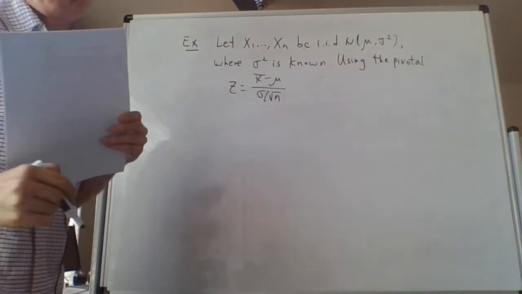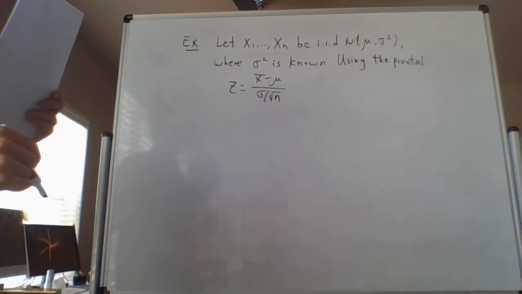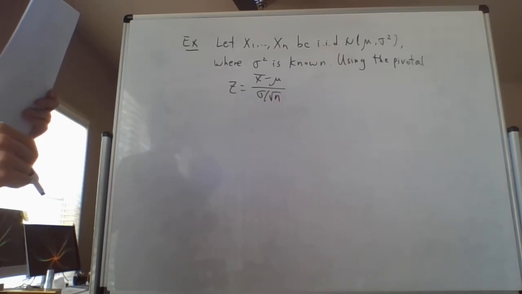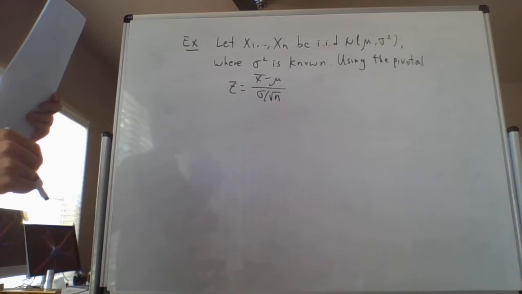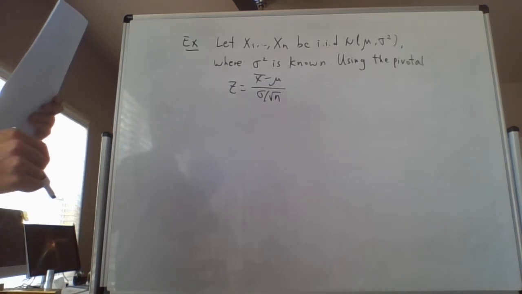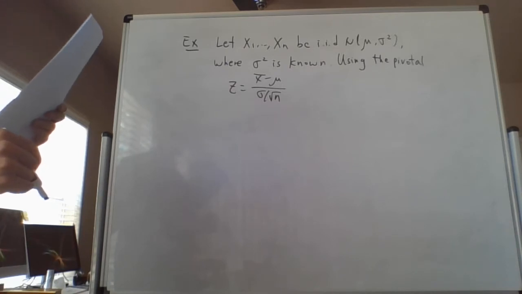So we have IID normal, where sigma squared is known, and we would like to use the pivotal quantity, which is the Z statistic, X bar minus mu divided by sigma divided by square root of n.